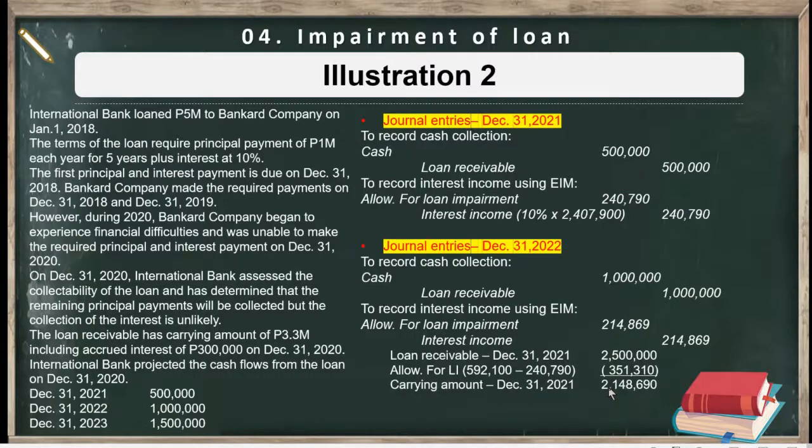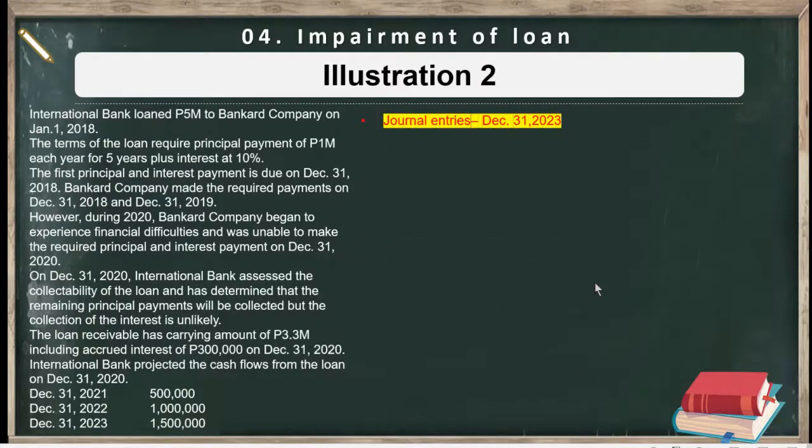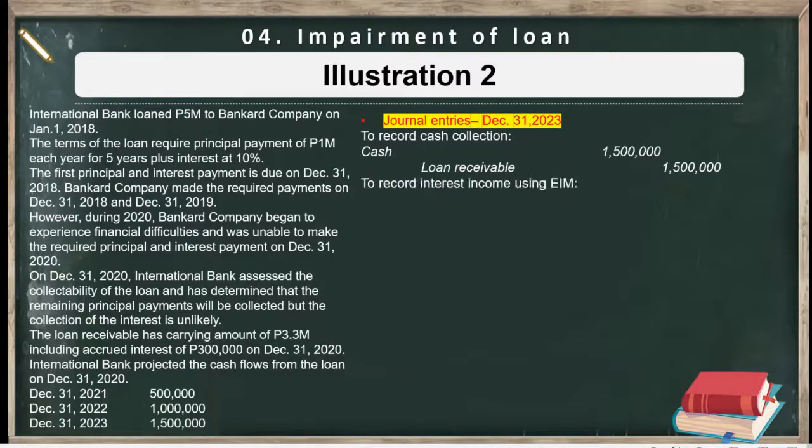So the carrying amount would be 2,148,690 multiplied by the 10% original effective rate. So the interest income for 2022 is 214,869. For 2023, to record the cash collection, debit cash and credit loan receivable.